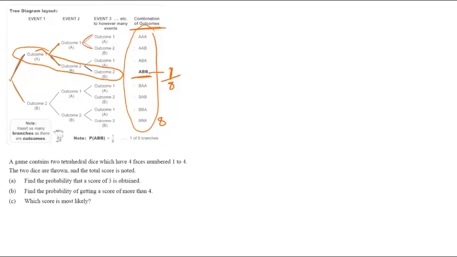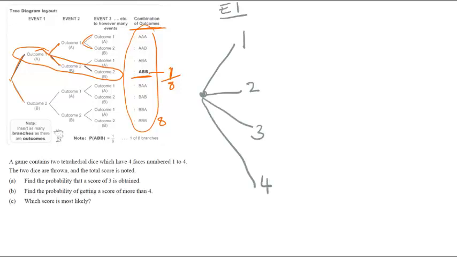Okay, so if I start at my starting point and I roll the first dice, so event number 1, I could get a 1, I could get a 2, I could get a 3, and I could get a 4. That is rolling the first dice.